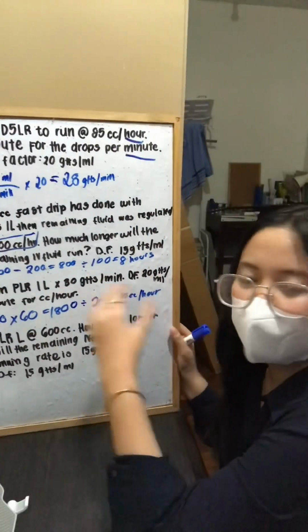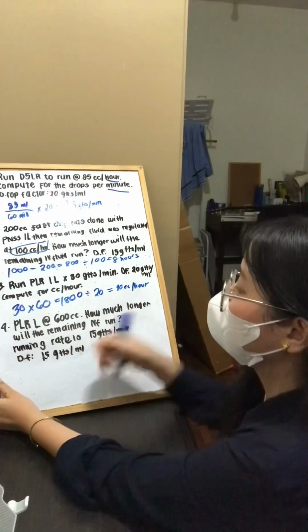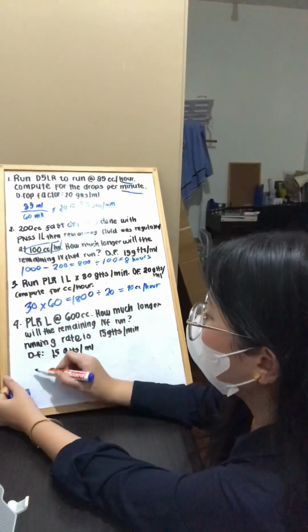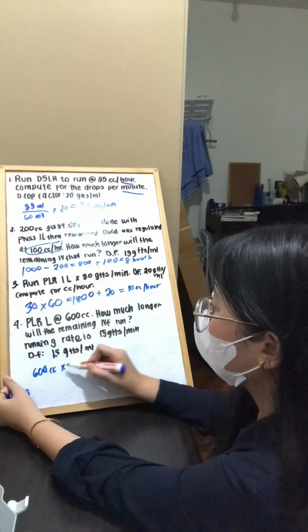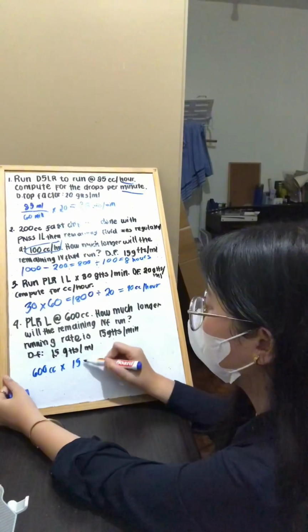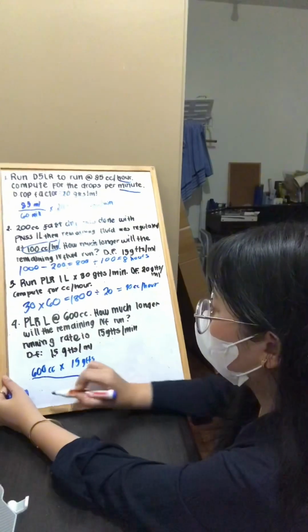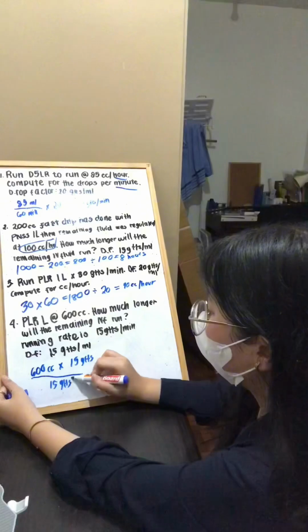Okay, for the solution sa number 4, ang gagawin natin is yung 600cc i-times mo siya sa drop factor na 15 gtts and i-divide mo sa running rate na 15 gtts per minute.